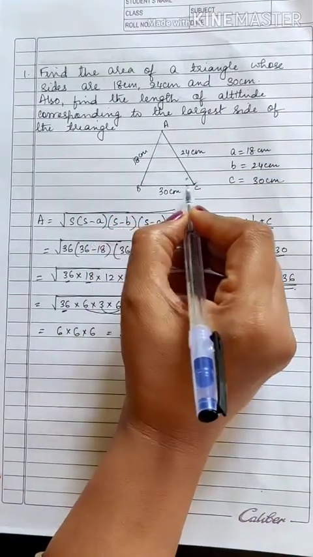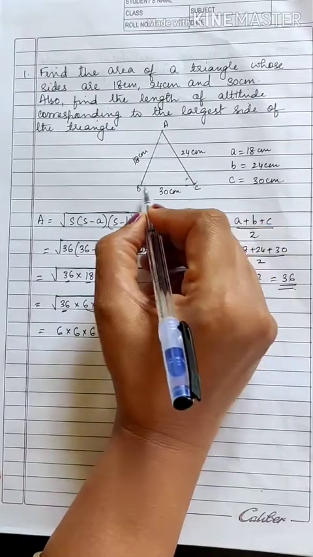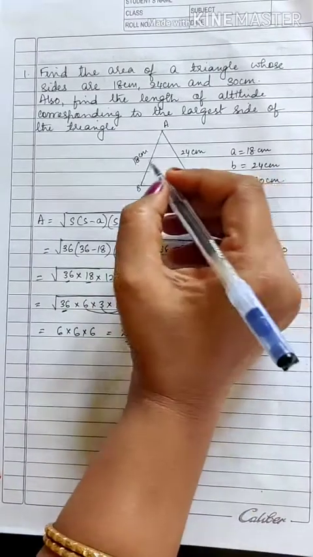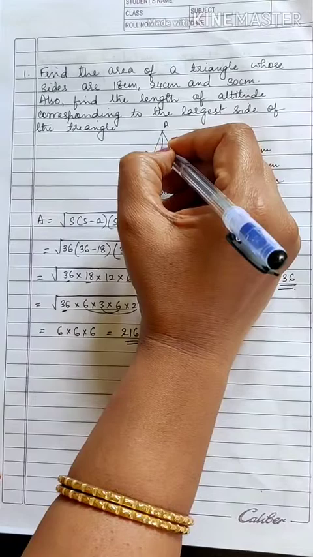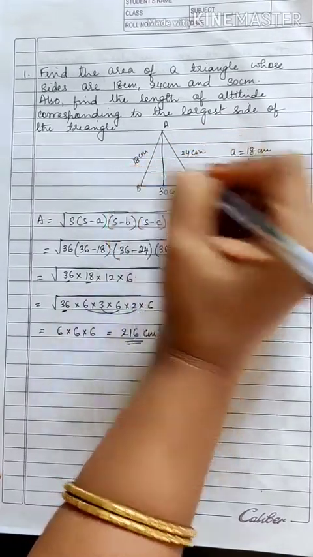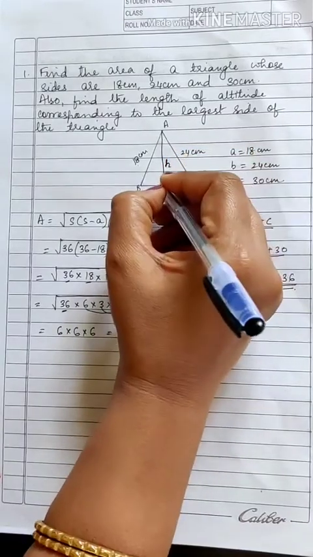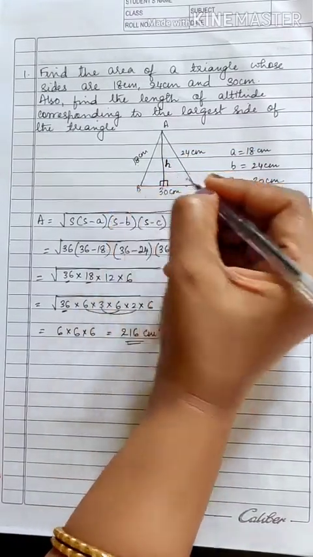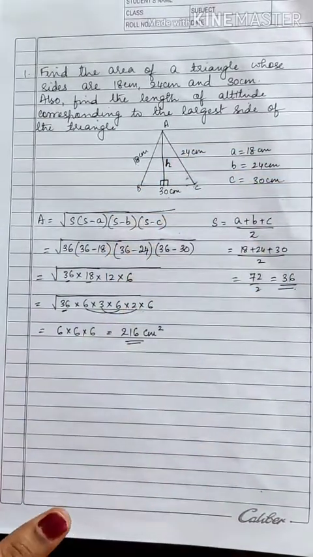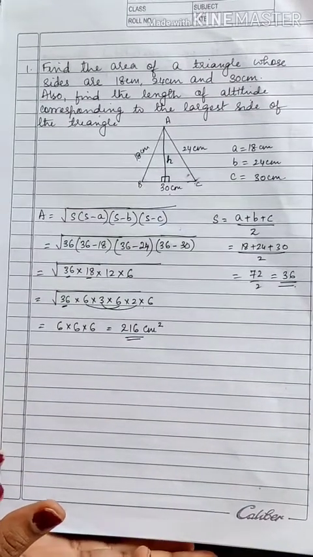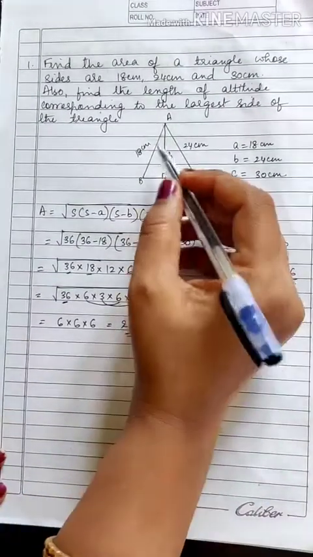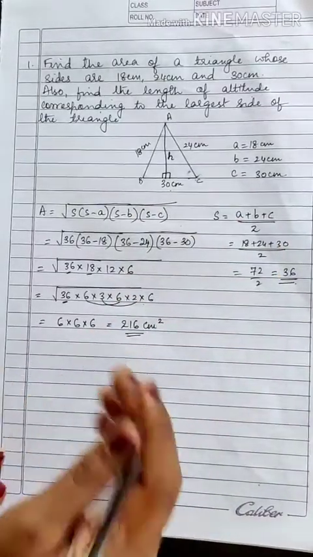The largest side of the triangle is BC, that is your 30 centimeter. You have to find the height of this altitude. Let it be h. And I told you altitude makes an angle of 90 degrees with the base. Now this has become a right angle triangle.